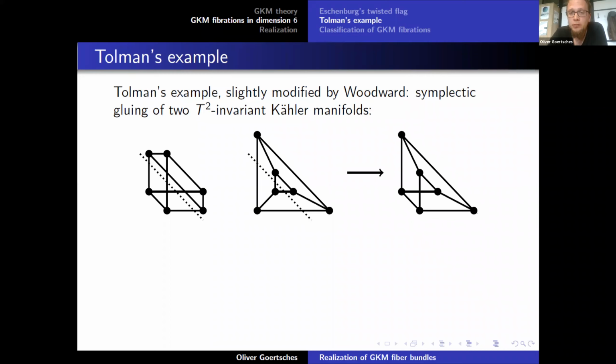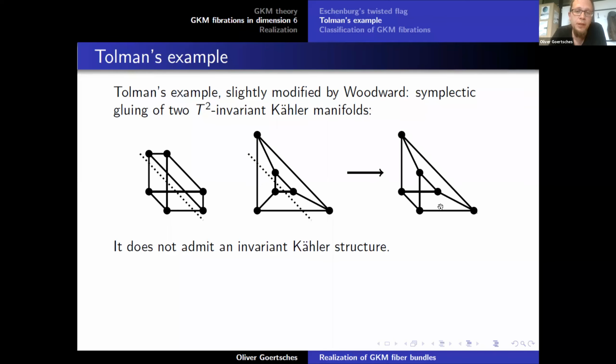And why was she interested in this picture? It's because she could show, using the shape of this picture, that this manifold cannot admit an invariant Kähler structure. Very roughly, the argument used the theorem of Atiyah, which gave information on the images of torus orbit closures of the complexified torus, which still acts if the action was Kähler.